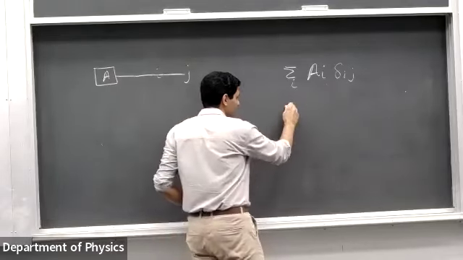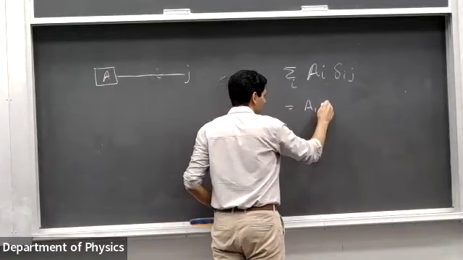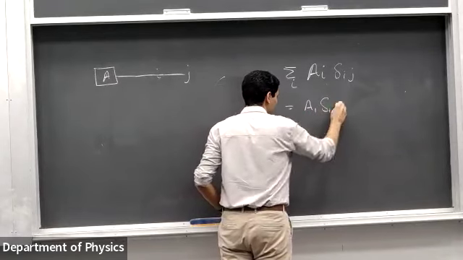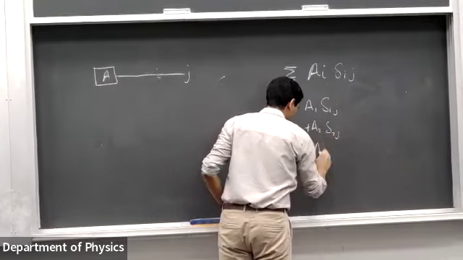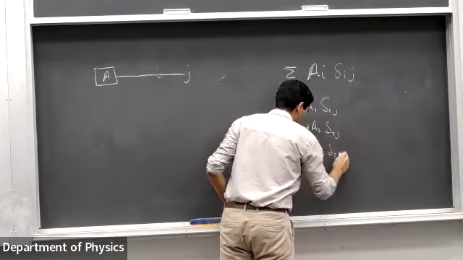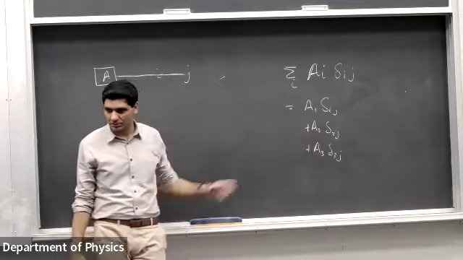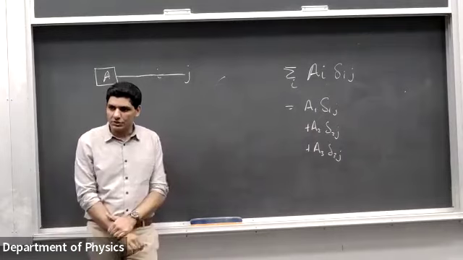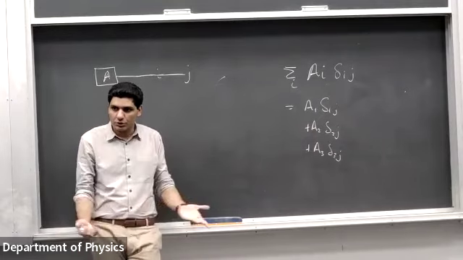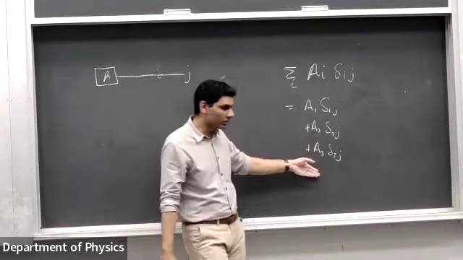So if you write out this sum explicitly, this is A1 delta 1J plus A2 delta 2J plus A3 delta 3J. This is what this sum represents. So you say, okay, what value of J do you want? 1, 2, or 3? Any value of J that you pick, what's going to happen?